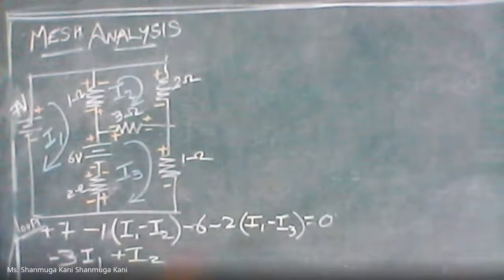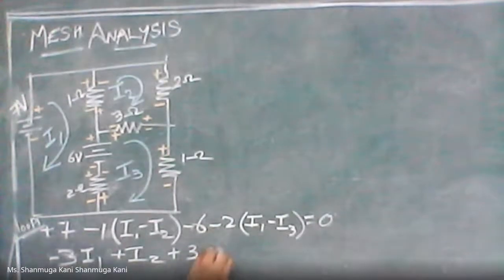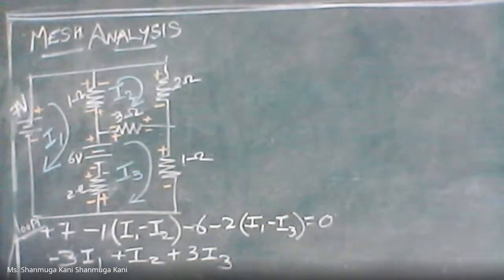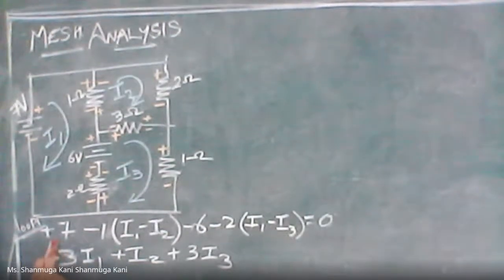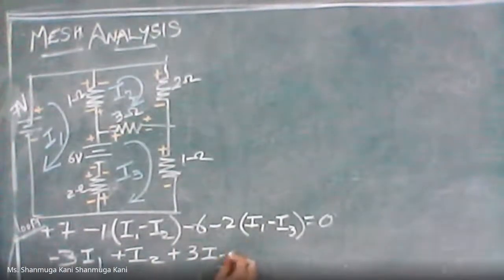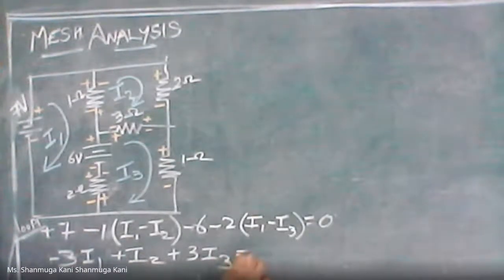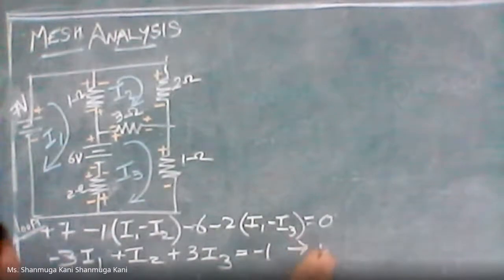Then I3: minus of minus is plus 2 I3. Taking the numbers, +7 -6 gives +1. When you take it to the right side it will be -1, so this will be equation 1.